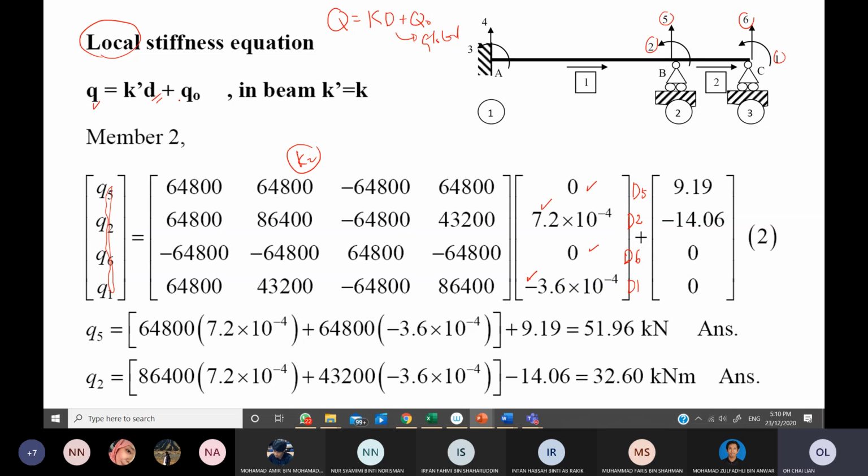And how about Q0? You need to get the Q0 from the intermediate loading associated with element 2 only. So let us go back to 5 2 6 1.